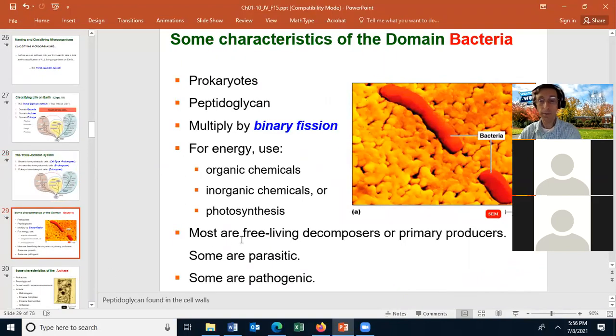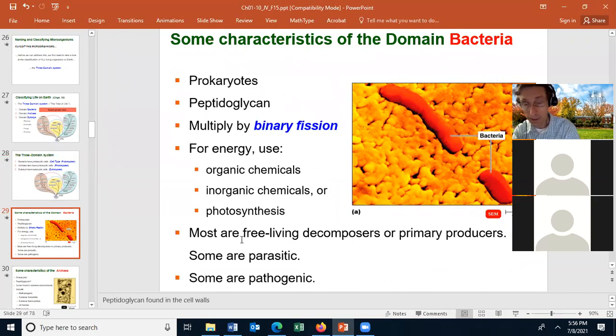All right, let's talk a little bit about the domain bacteria. All the cells are of cell type prokaryotes. They have peptidoglycan in their cell walls. Most of the cells multiply by binary fission. And for energy, they can use any source that is available to living life forms. They can get their energy needs from an organic chemical, and we do that.